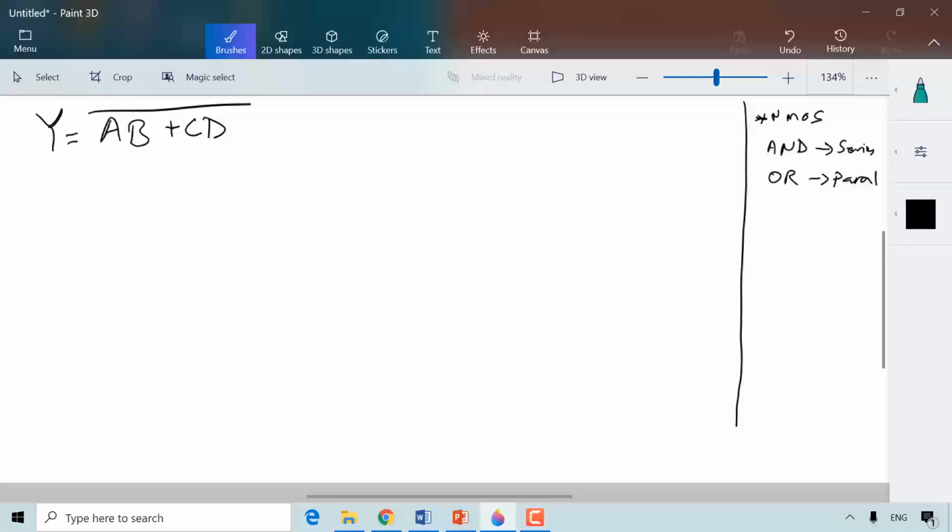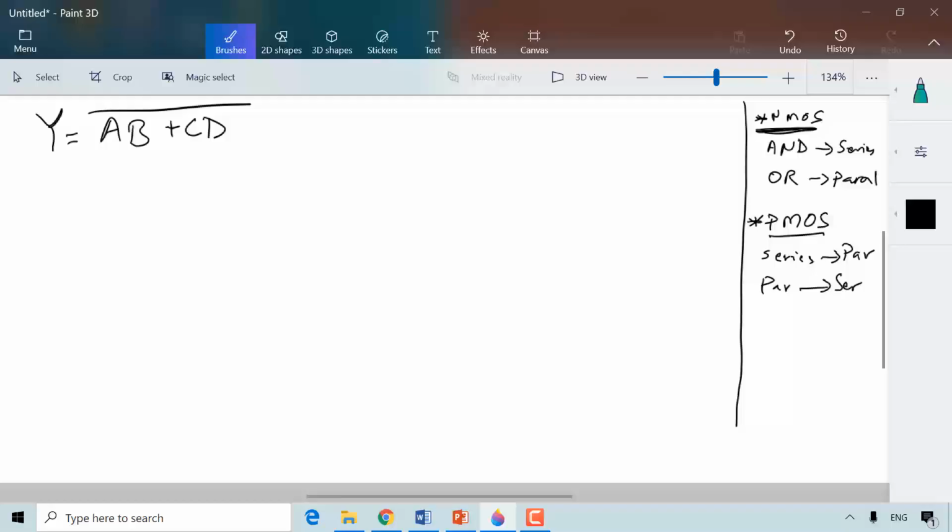Once we construct the NMOS subtree, then I construct the PMOS subtree. In the PMOS subtree, whatever is in series in the NMOS, I make parallel, and whatever is parallel in the NMOS, I make series.